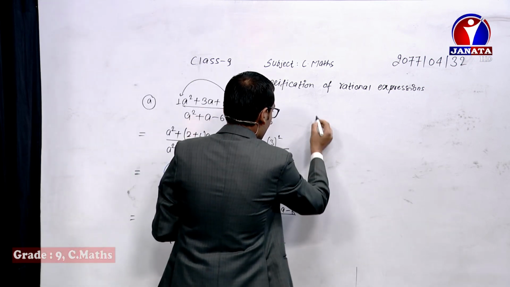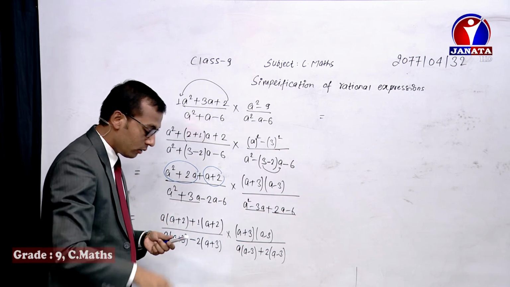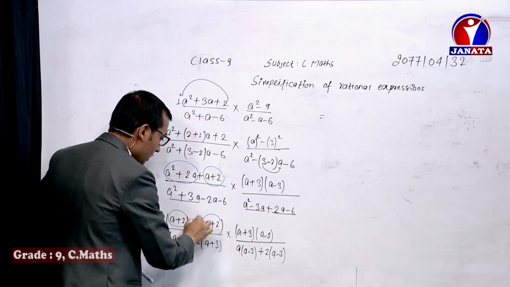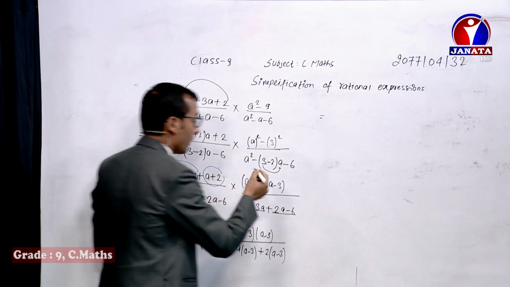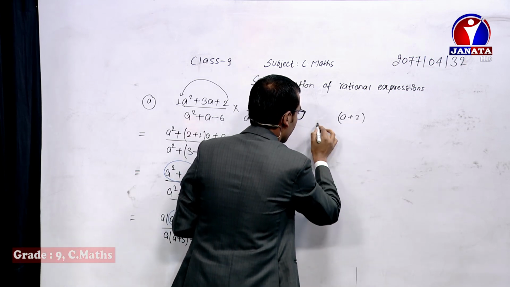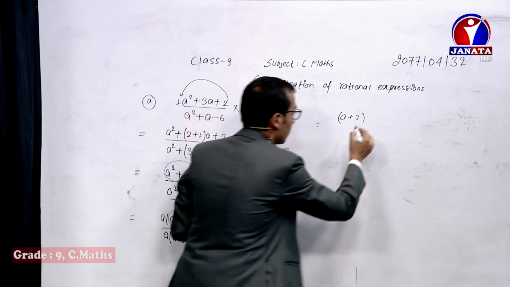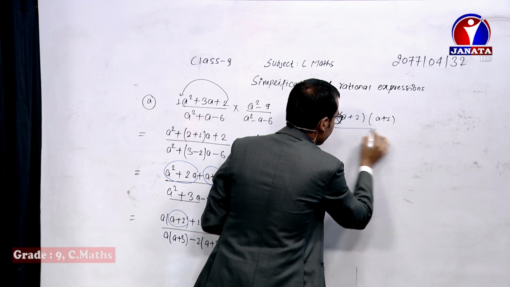So this is equal to, if we look at this here, a plus 2 is again a common factor, so we can take a plus 2 common, a plus 2 times what is the remaining factor, a plus 1 over.